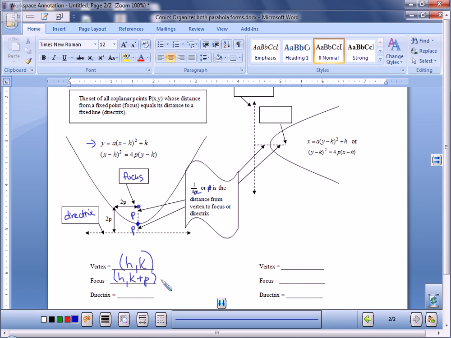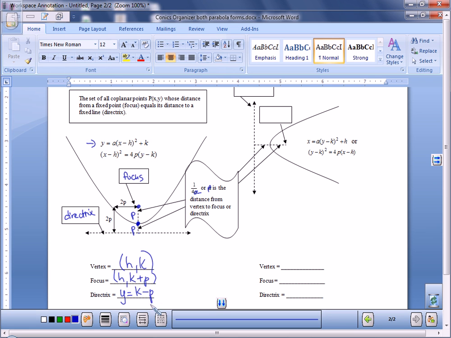That's where the focus would be. And the directrix is this horizontal line here. The equation for a horizontal line always begins y equals, and this y value is k, but we're going P units in the other direction, so it's going to be k minus p.